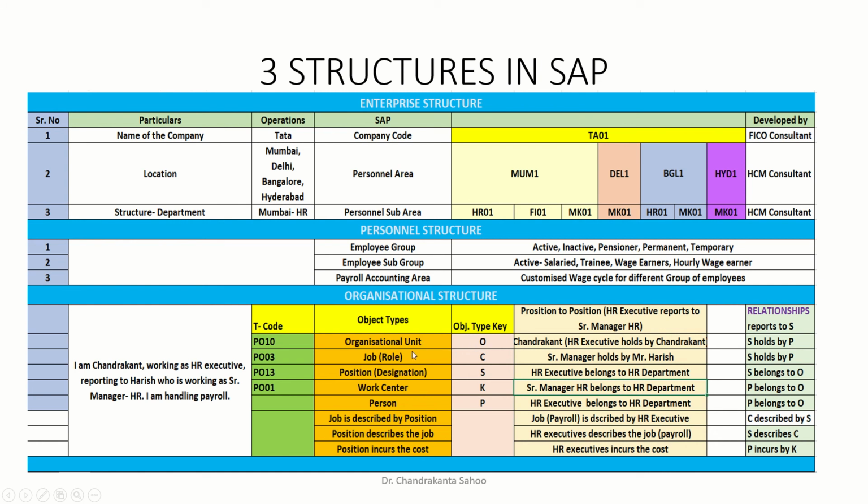Org unit is coded as O. Job means role, and it is coded as C. Similarly, position means designation, and it is coded as S. Work center is coded as, actually this is cost center, K. Then person is P.